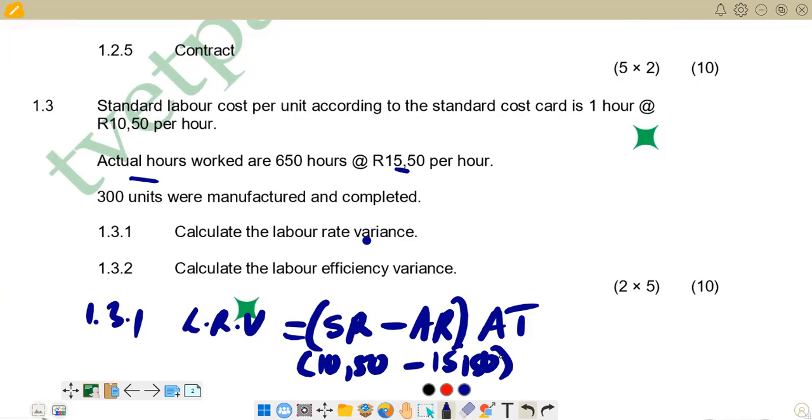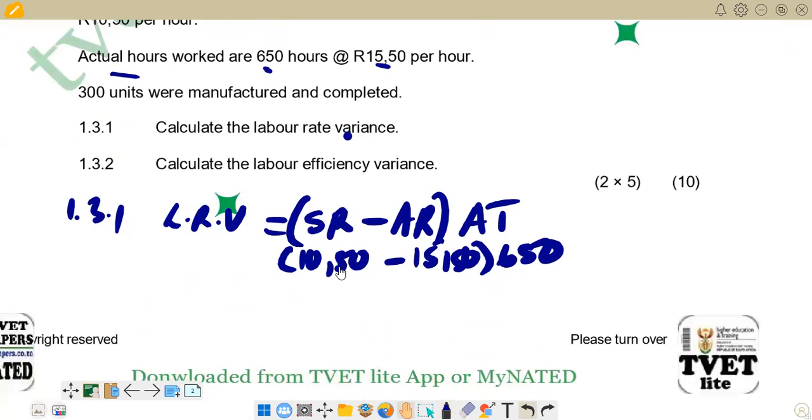And then the actual time: we are given it there, 650 hours. Then we multiply it out of the brackets. Let's try to calculate.